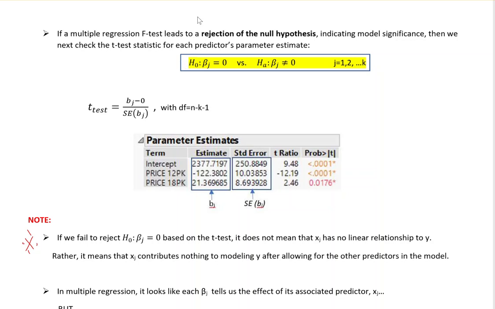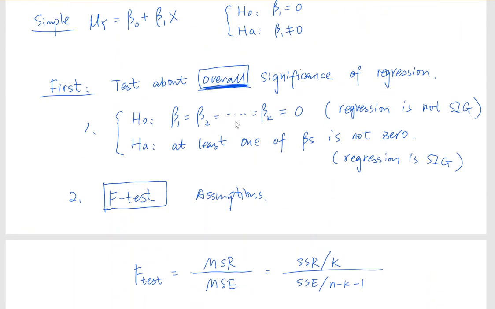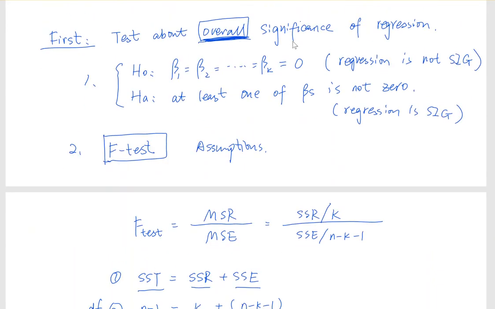Right, so in the last video we talked about how to make the hypothesis test about the overall significance of the multiple regression, right? We test whether all of the betas equal 0 or at least one of the betas is not 0, right?